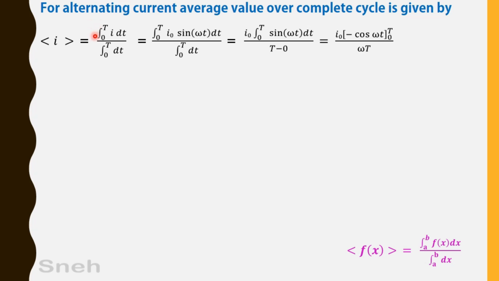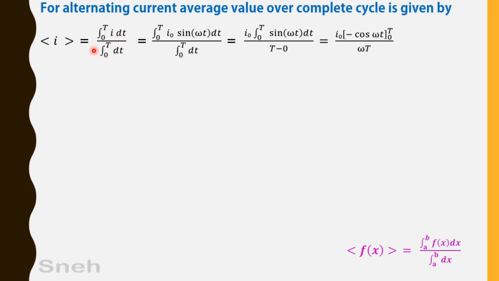As I substitute limits of integration from 0 to T, the numerator gives me the total amount of current over a complete cycle, and the denominator gives me the total number of readings or total number of values.